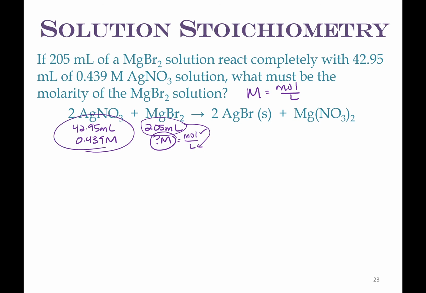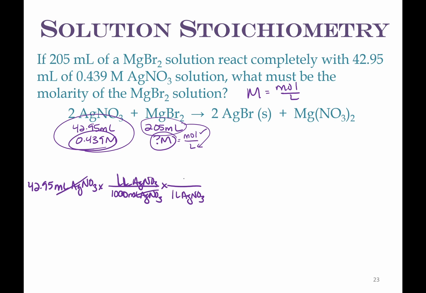So just like we've done for a while now, 42.95 milliliters of silver nitrate. There are 1,000 milliliters in 1 liter. So just a unit conversion. For every 1 liter of the silver nitrate solution that we have, 0.439 moles.